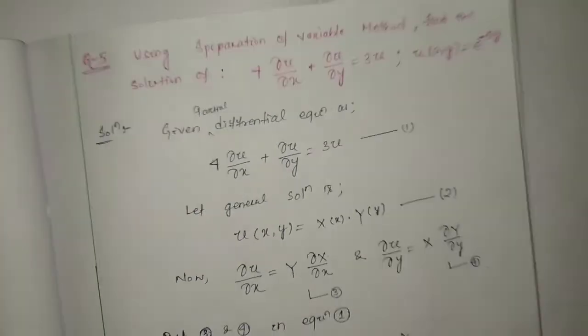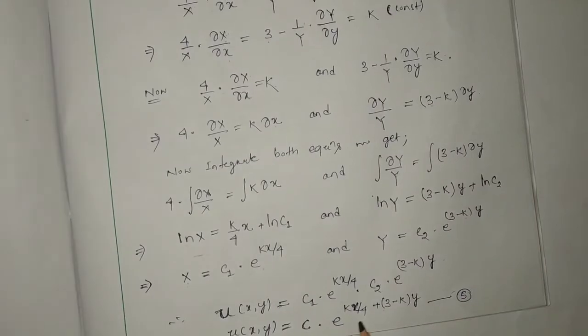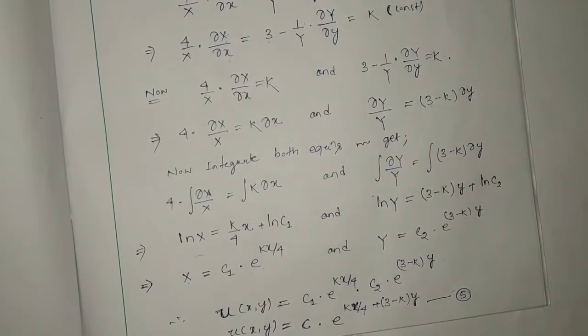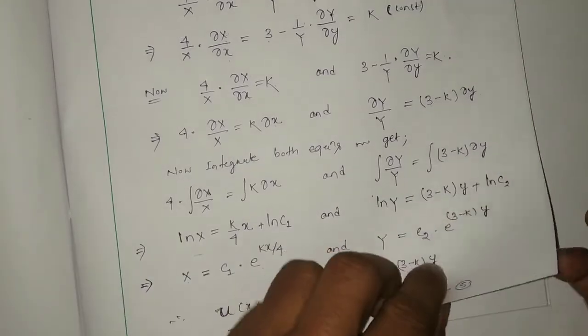Sorry, mistakenly I wrote over here that this is 0; it is u of 0, y that is given, right? So instead of x, we have to substitute 0. So in equation number 5, if I substitute x equal to 0, then u of x, y will be c into e to the power 3 minus k into y.